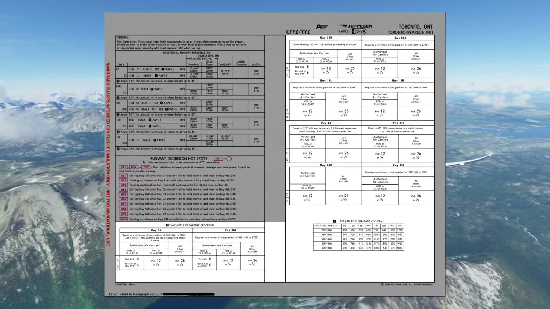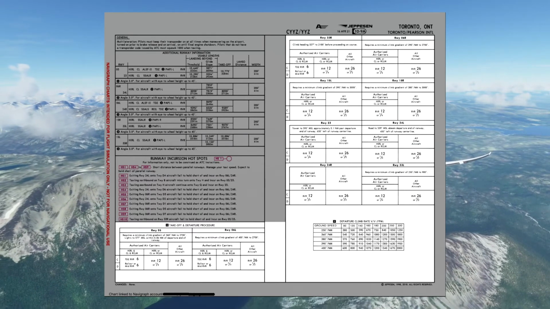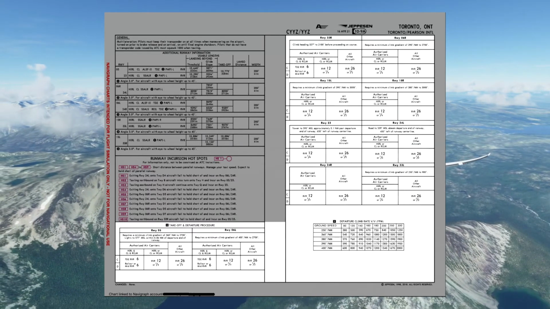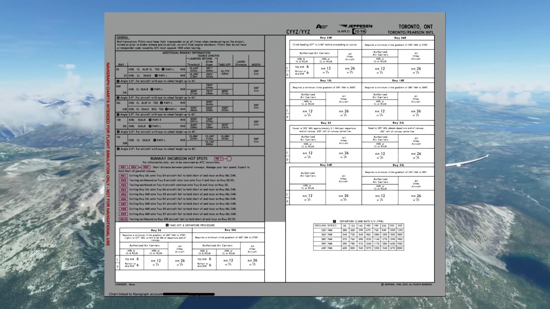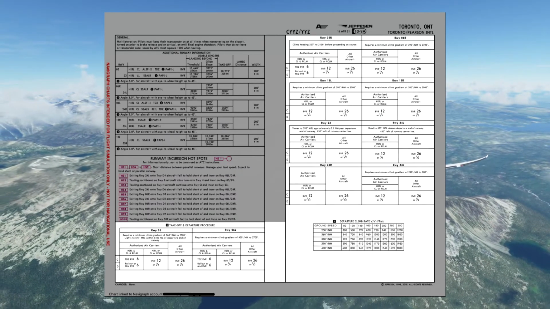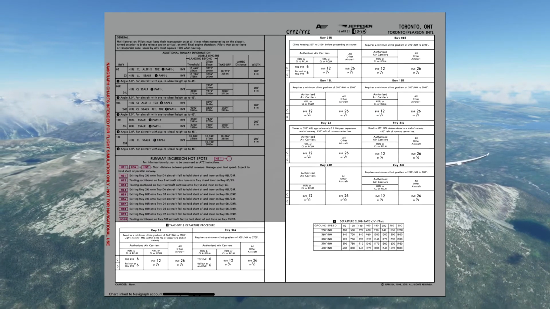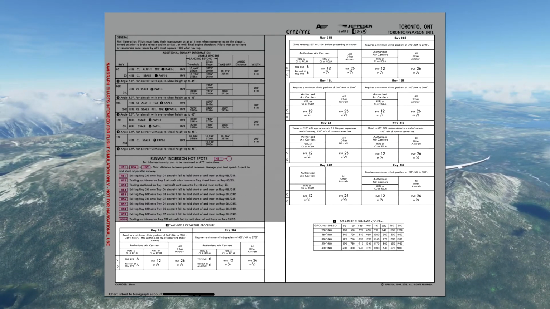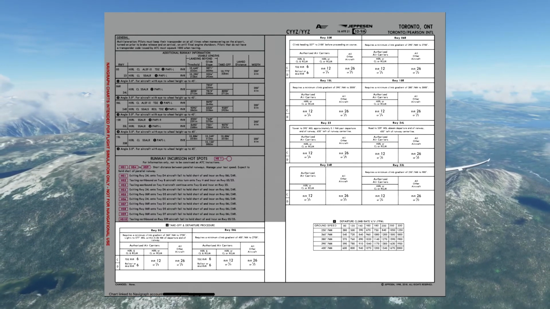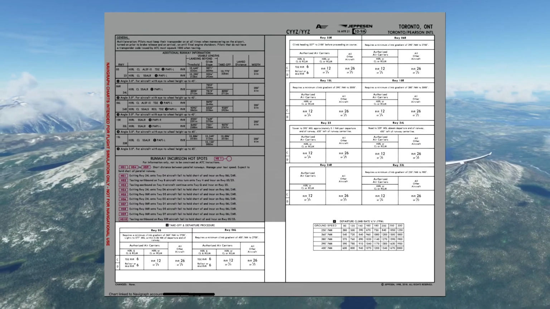It also gives you information on the minimums for this runway, for runway visual range or reference. So it is saying that for authorized air carriers, this is the section on the left, authorized air carriers on a Class C aircraft, so the Airbus A320 for example, you need an RVR of 12, that's 1,200 feet, or a quarter mile.